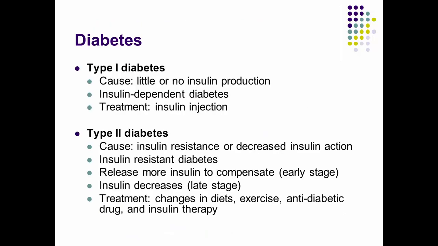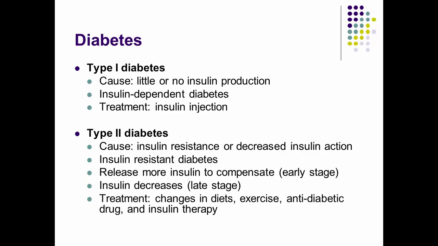So now I'm going to talk about diabetes, the disease condition, the pathologic condition. So diabetes, you probably all know we have 2 types, right? Type 1 and type 2. So type 1 diabetes, the main cause is insulin deficiency.